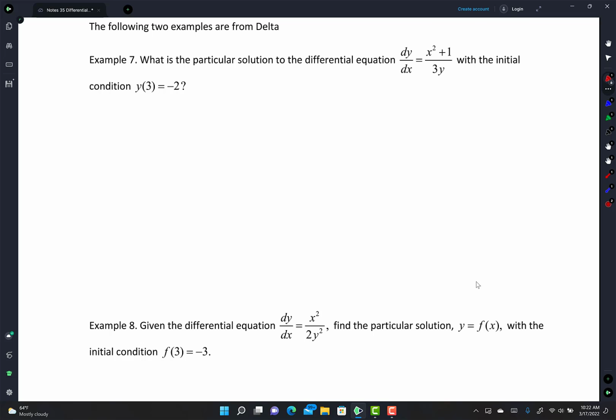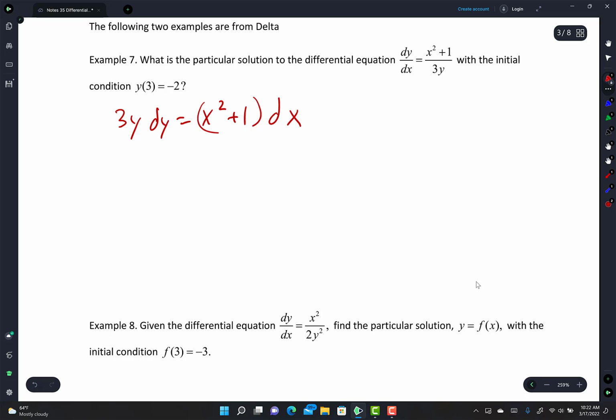Ready? I have x's and y's. I got to separate it. Here's how you're going to see it in Delta Math today. So what do I do with that 3y there? Perfect. So I'm going to write 3y dy equals x squared plus 1. If you want to put parentheses, I would. Dx. You don't have to if you don't want to. Then I'm not putting plus c yet.